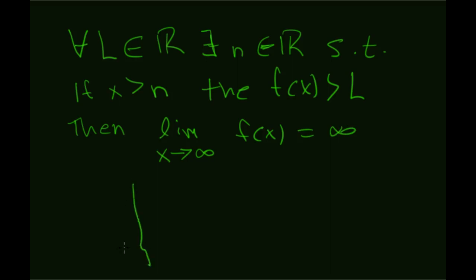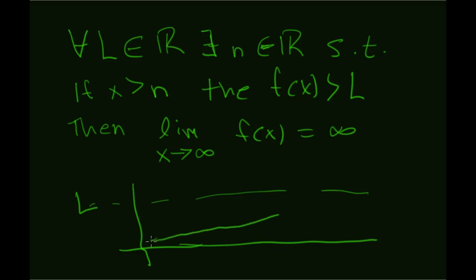If I think about this a bit, I am picking an L value. So here's my L, there's my L value, and I have a function. Every time I pick an L, I also have to pick an N, so that every part of that function above N has to be now above the L line.